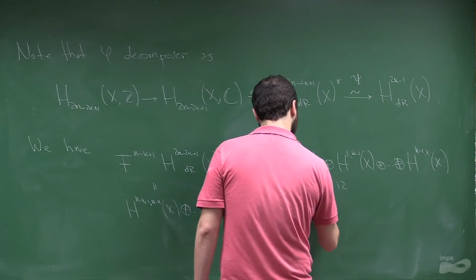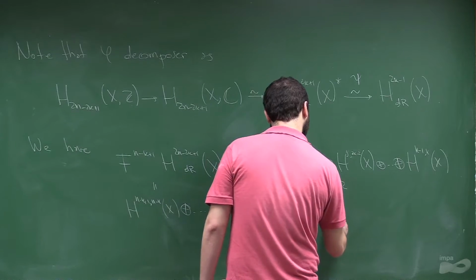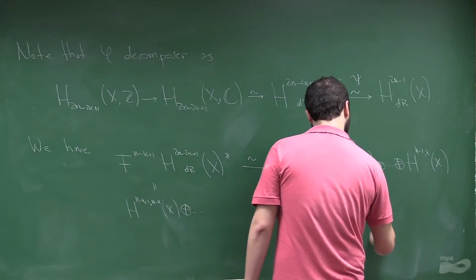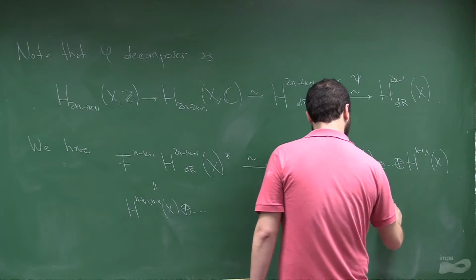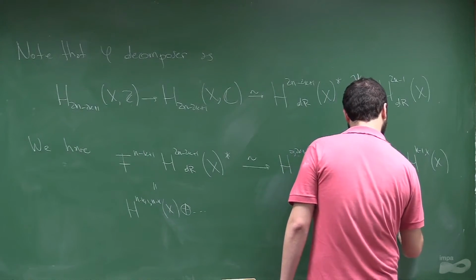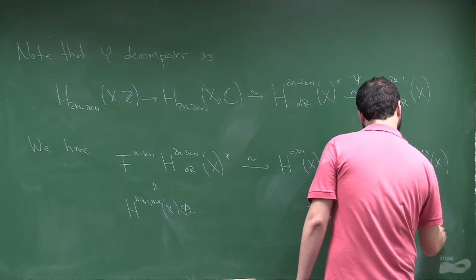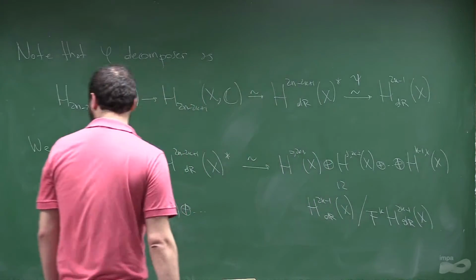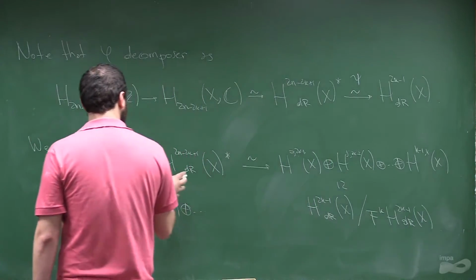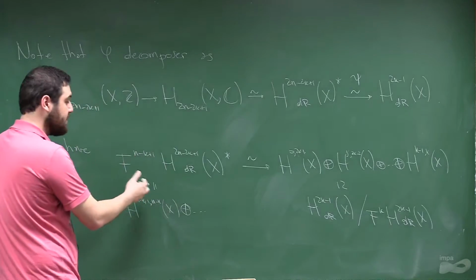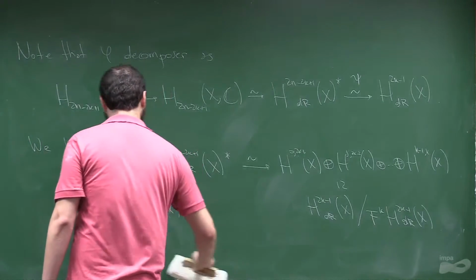This is the 2k-1 de Rham cohomology group mod the F^k of H^{2k-1}, right? And so this intermediate Jacobian can be seen inside this vector space, right?